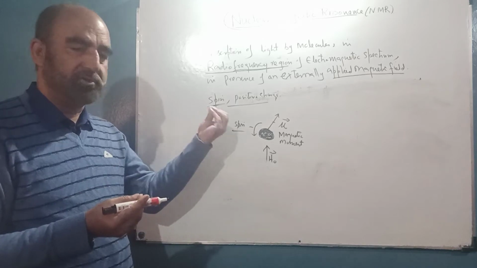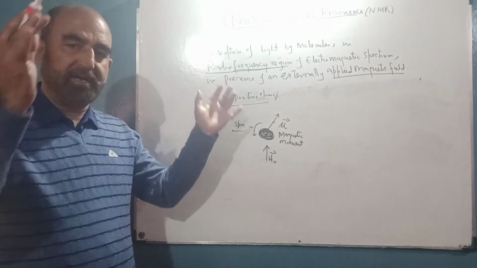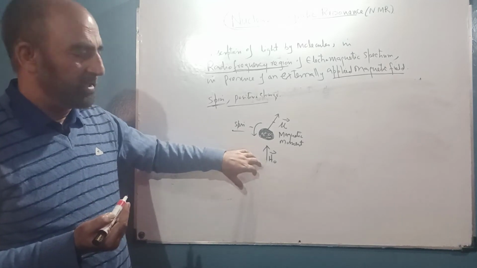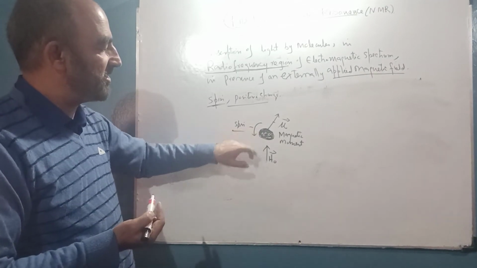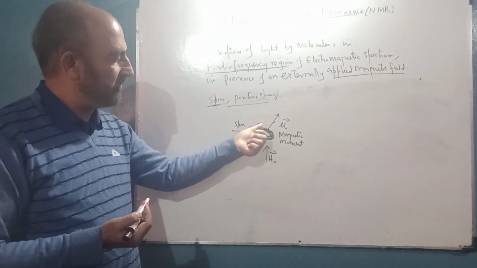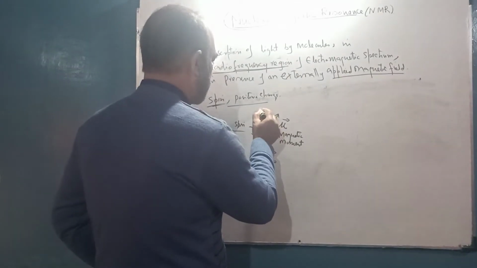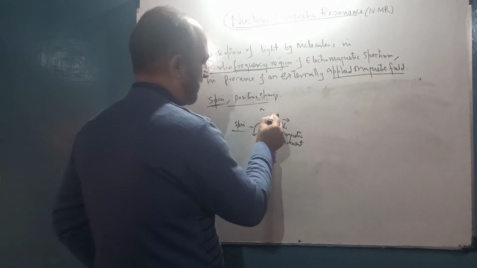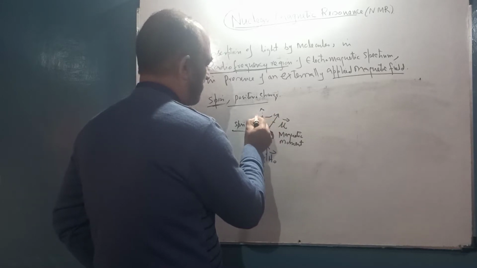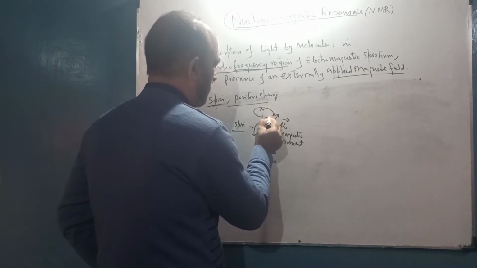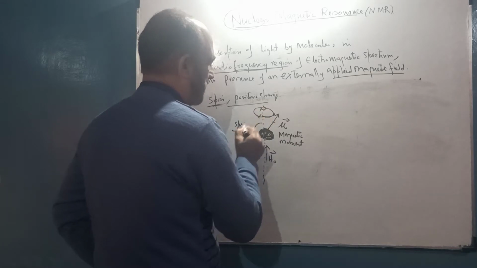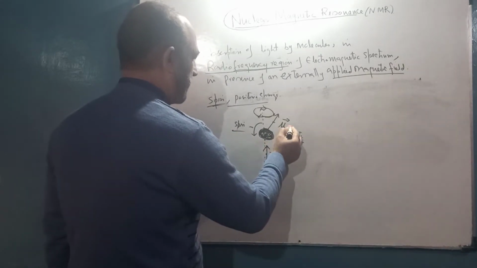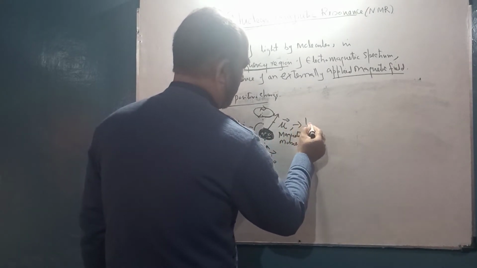It is the same if we have a small magnet and we put it in a large magnetic field, it will start precessing about the magnetic field. So the same happens here: we have the magnetic field in this direction, and we apply the field. This is the field direction. Now it will start precessing about this field direction, like this, and it precesses at a particular frequency. That particular frequency is called the Larmor frequency.